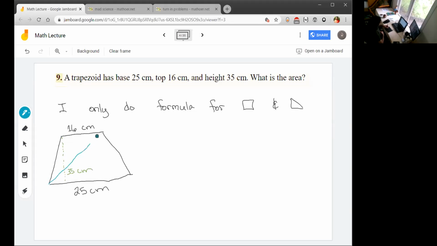You can always make a diagonal, and now we have an upper triangle and a lower triangle. For the top one, the area of a triangle is 1/2 times base times height.